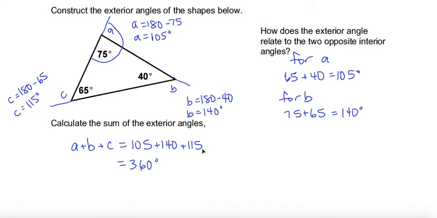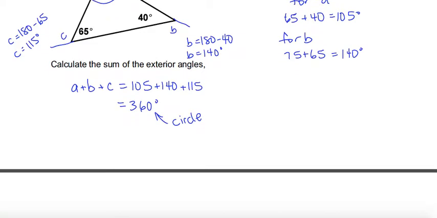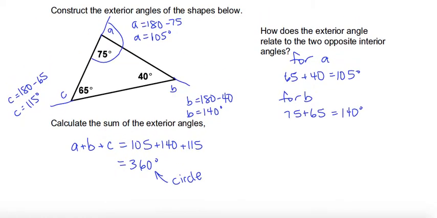And we know that 360 degrees is the same as a circle, or the same as the interior angles of a quadrilateral. So that's really helpful information for us to refer to. So the exterior angle is equal to the sum of the two interior angles across from it, and all of your exterior angles will add up to 360 degrees.